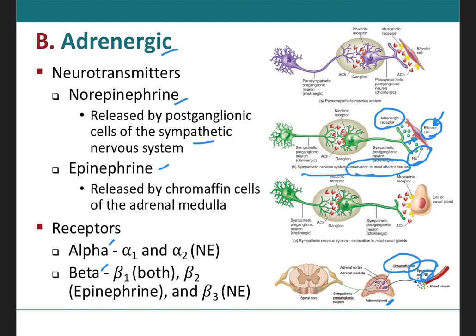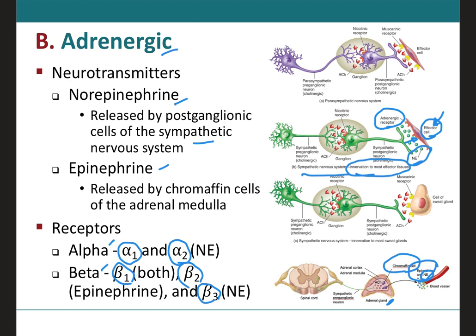Now, the alpha and beta receptors are going to be further classified into subtypes, which can be alpha 1 and alpha 2, or beta 1, beta 2, and beta 3. And this is going to be based on the specific responses that they will elicit and by their selective binding of drugs that activate or block them.